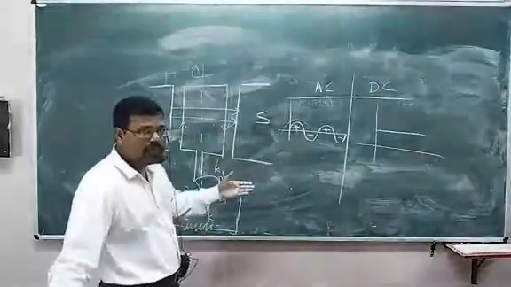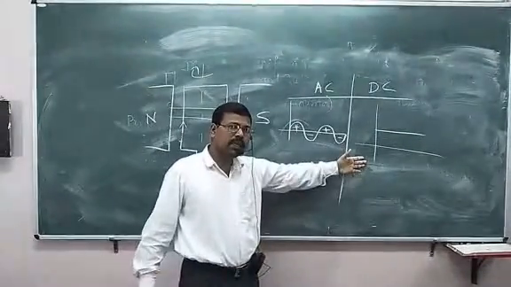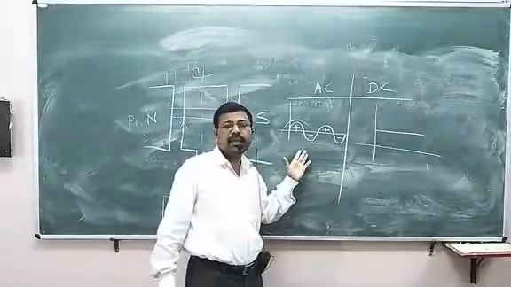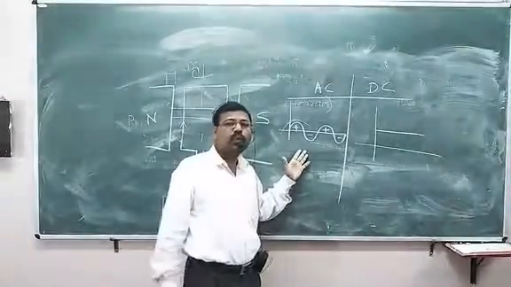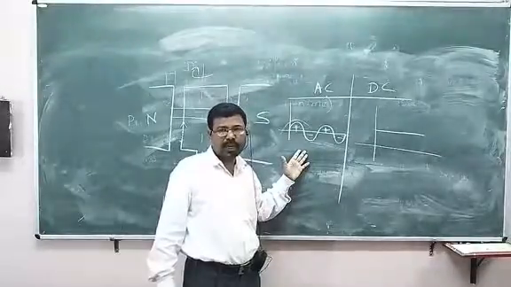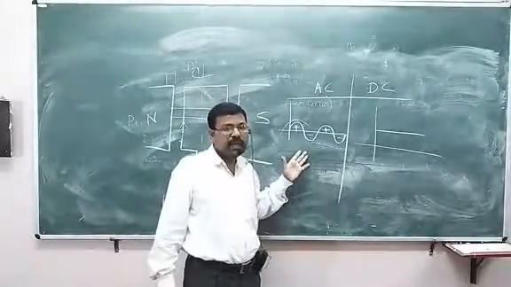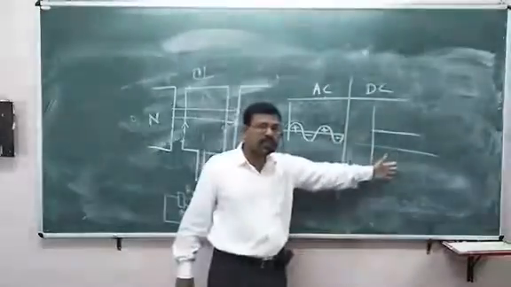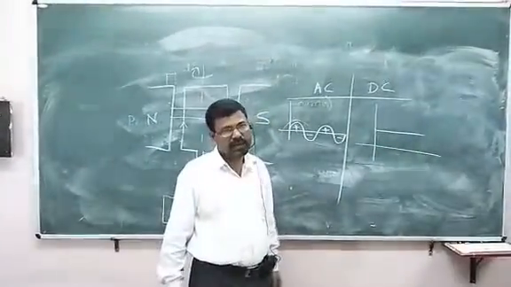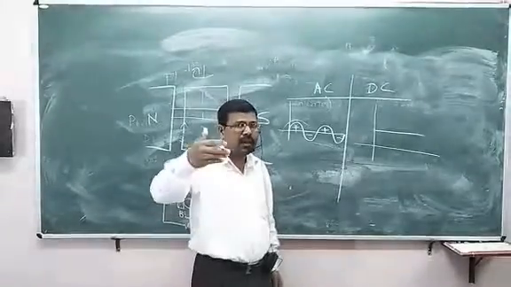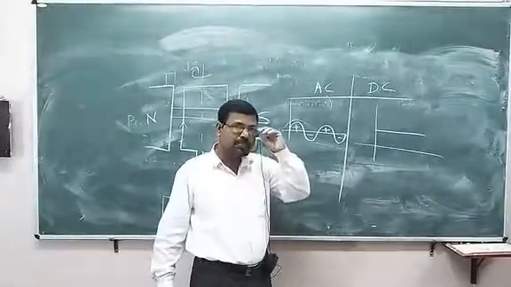Fine, what are the advantages of AC current over DC current? AC current can be transmitted to a long distance without much loss of electric power. AC can be converted into DC easily by using a rectifier, and the cost of conversion is cheaper.